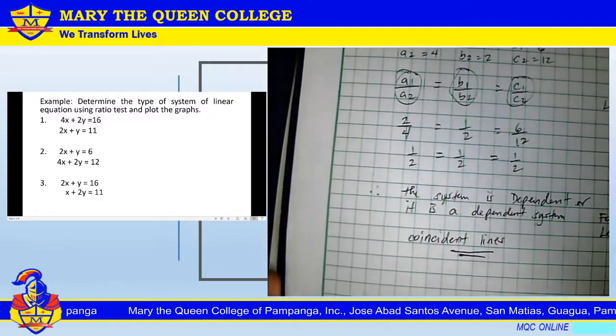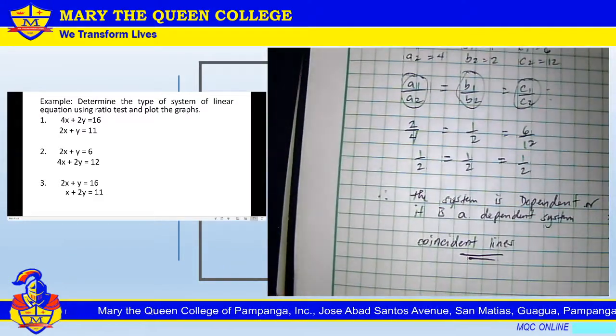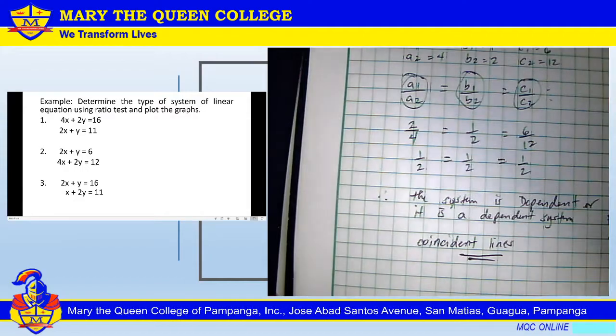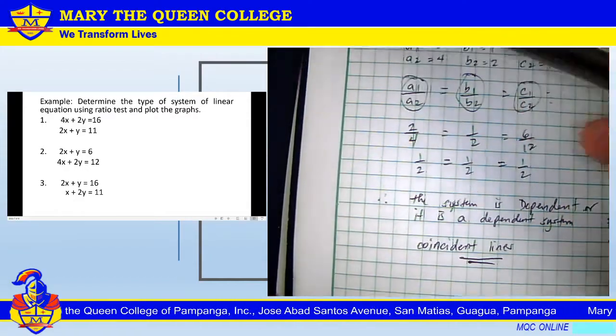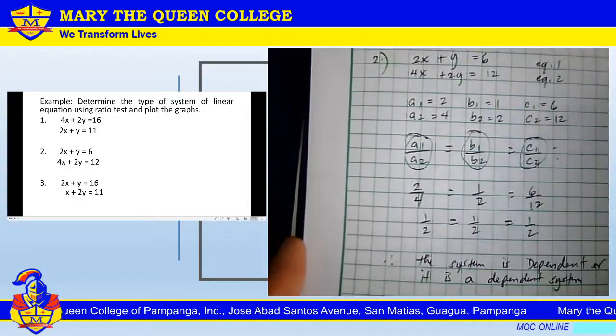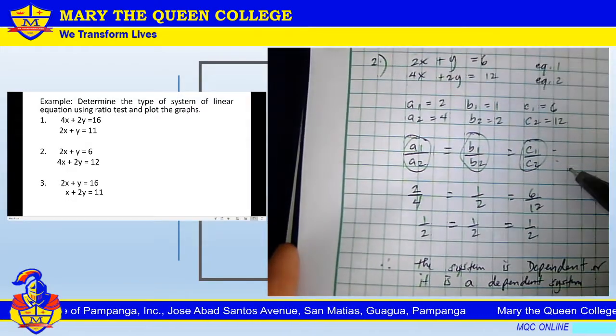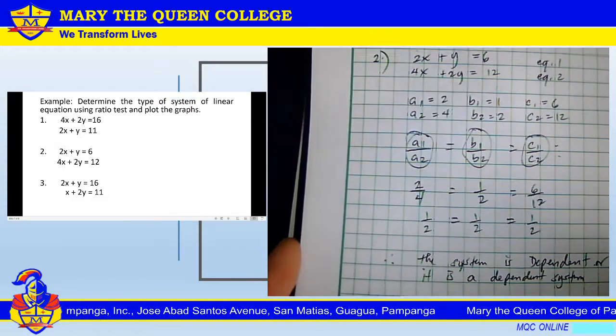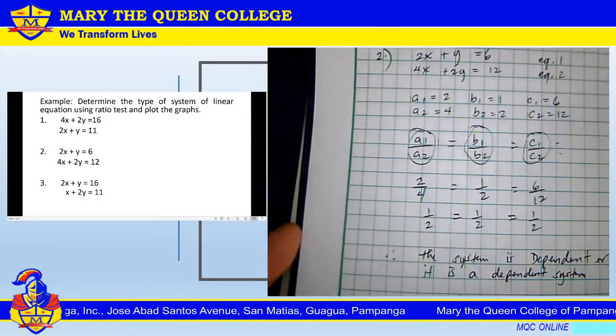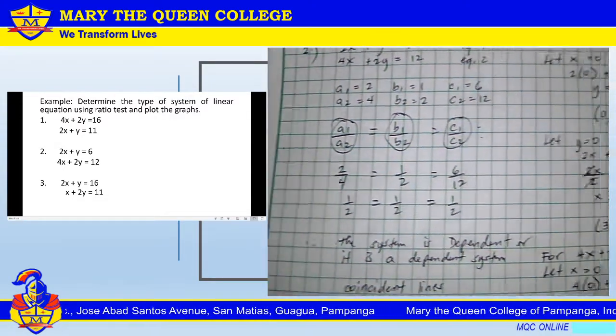So you need to familiarize yourself with this ratio test. Without solving, just simply looking at the relationship between the constants here, you can determine right away if the system is dependent, inconsistent, or consistent.